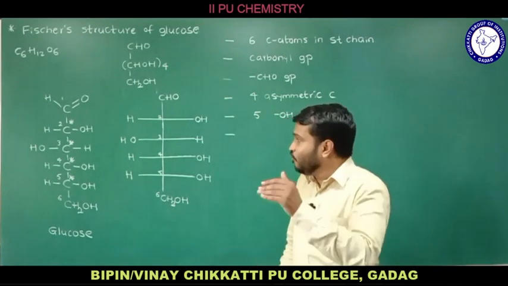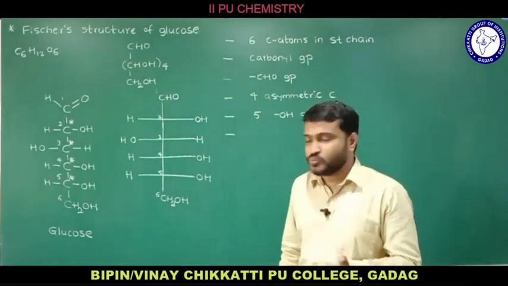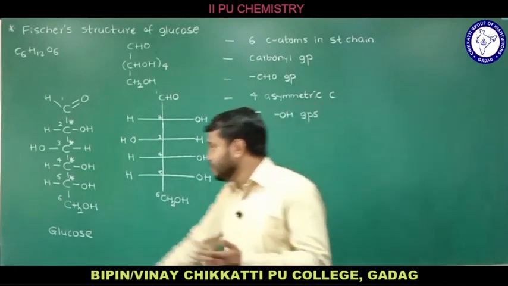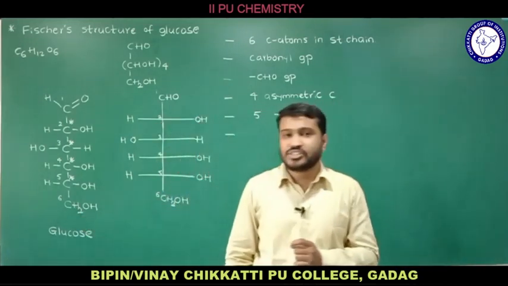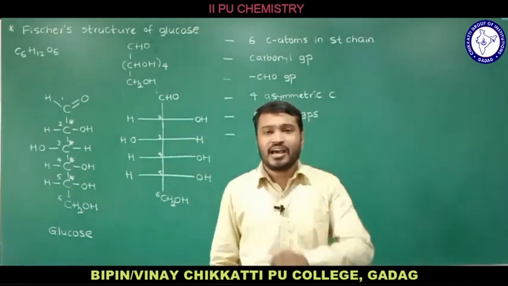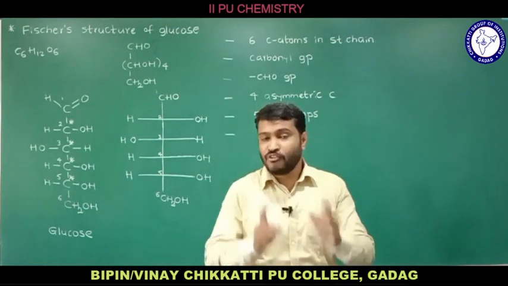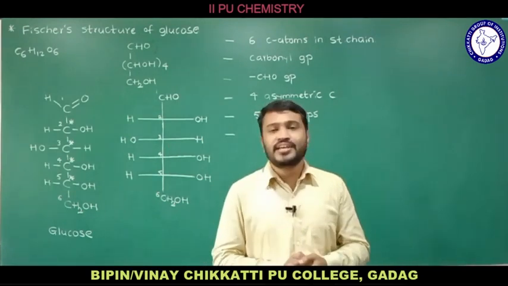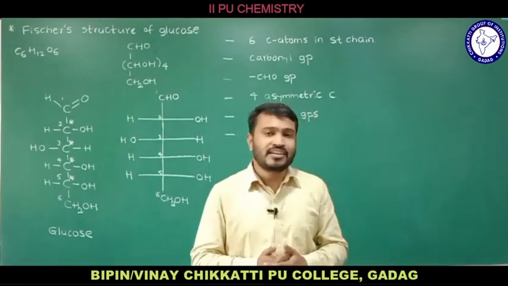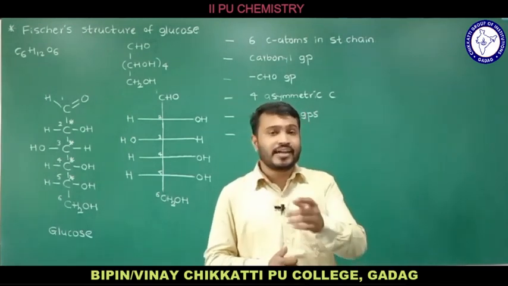Now we'll see out of the 5 OH groups which one is primary alcohol and which ones are secondary alcohol. Observe the last one, CH2OH. This is the primary alcohol, and we have seen the reaction of that also. When glucose or gluconic acid reacts with concentrated HNO3, which acts as a strong oxidizing agent, we get saccharic acid.